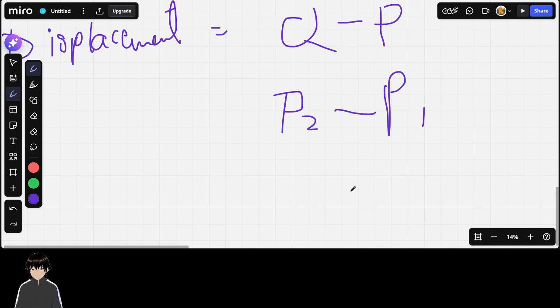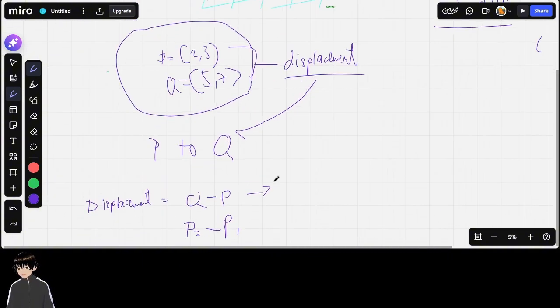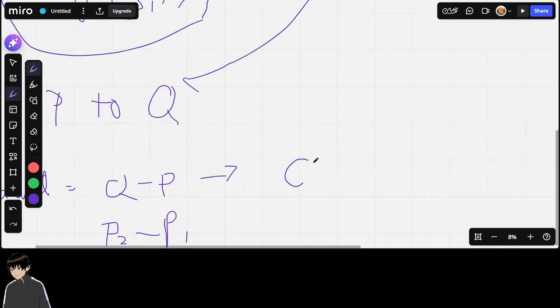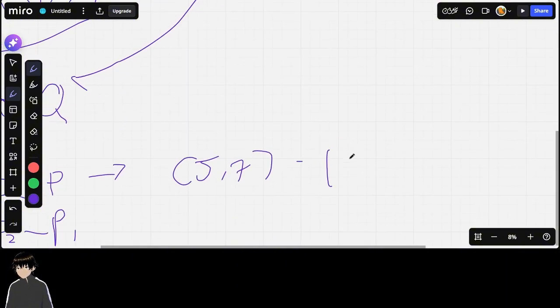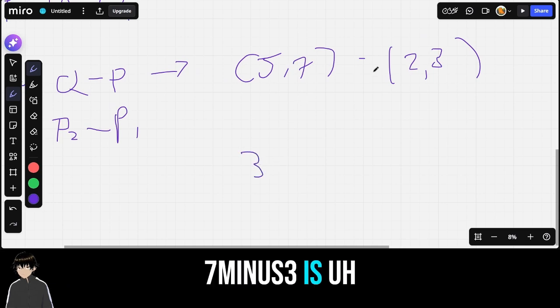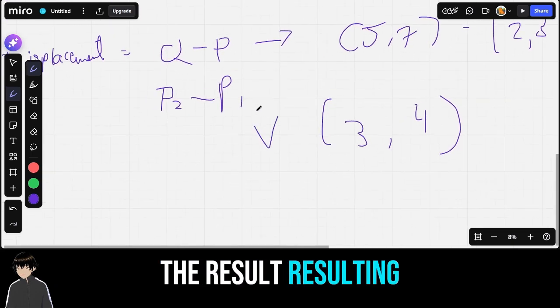Okay, so let's do the subtraction. For Q, we have 5 and 7, minus 2 and 3. 5 minus 2 is 3. 7 minus 3 is 4. So this is going to be the resulting vector.